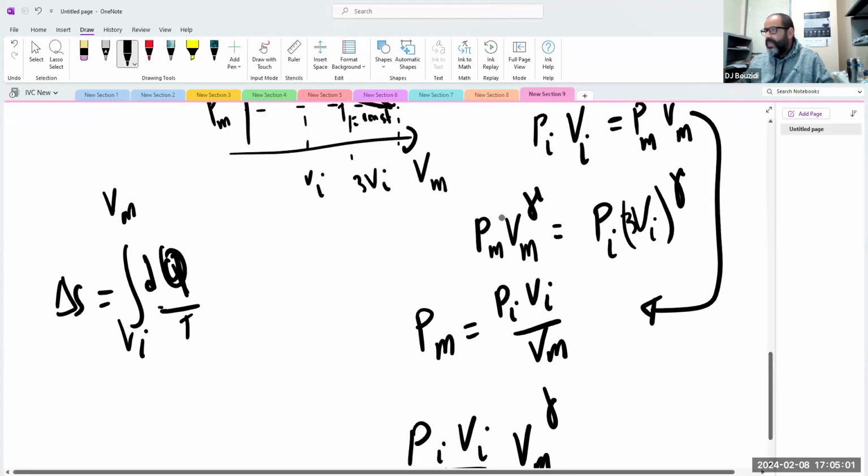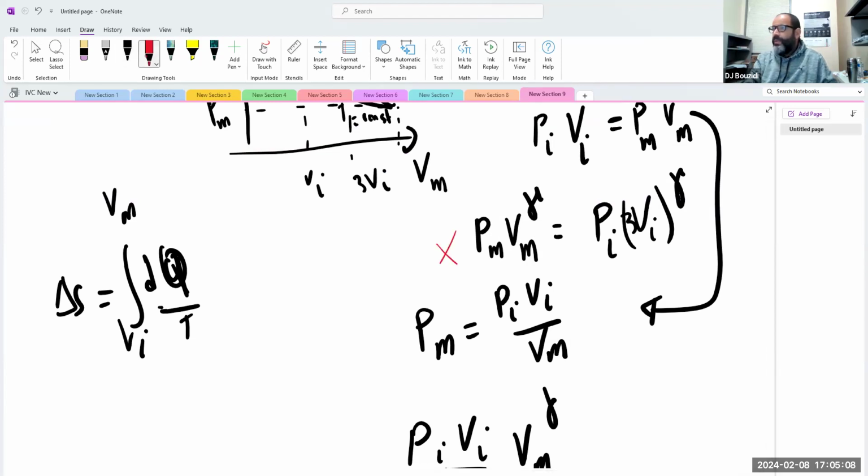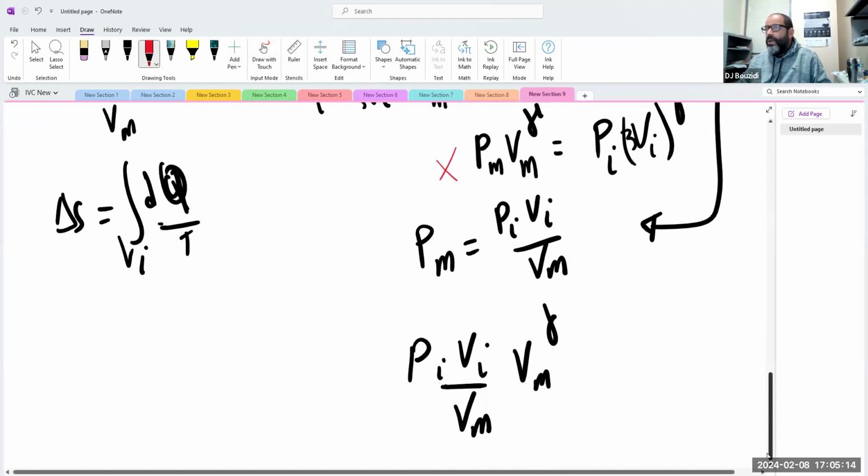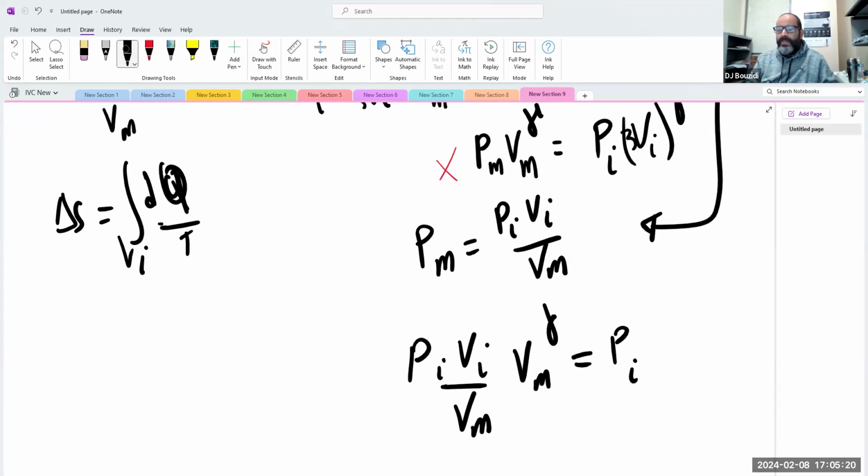I'm looking at this side of the equation. It needs to be equal to the other side of the equation, which is Pi, that's the final pressure, times the final volume to the power gamma.